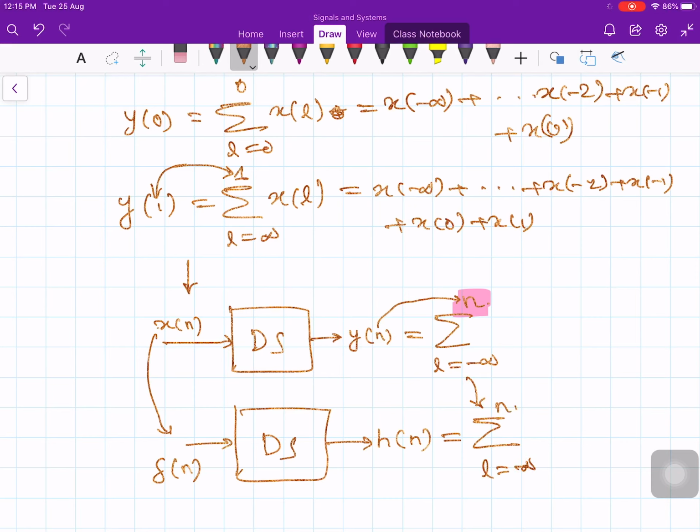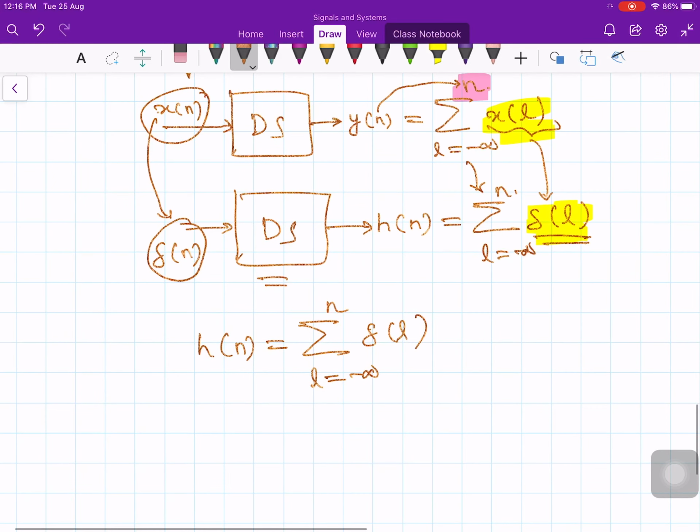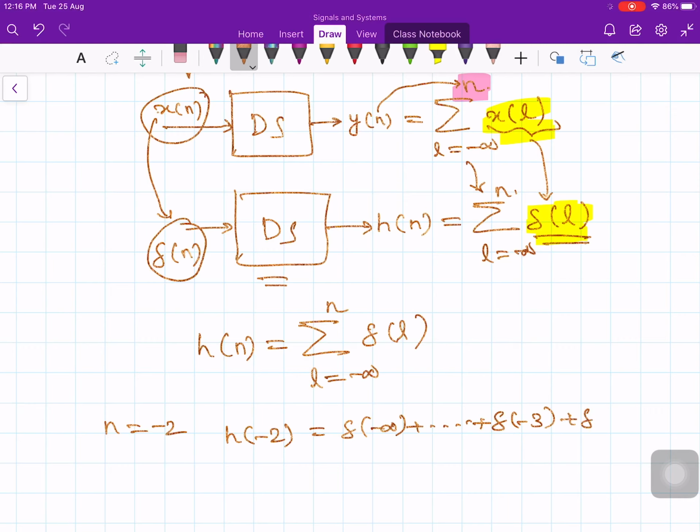Now, you substitute different values for n and you find the values. Let us say n is equal to minus 2. So h of minus 2 is del of minus infinity plus dot dot dot plus del of minus 3 plus del of minus 2. You should stop at del of minus 2. Now, we know the value of del of n from its definition.